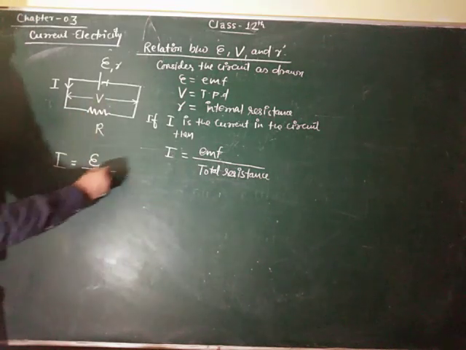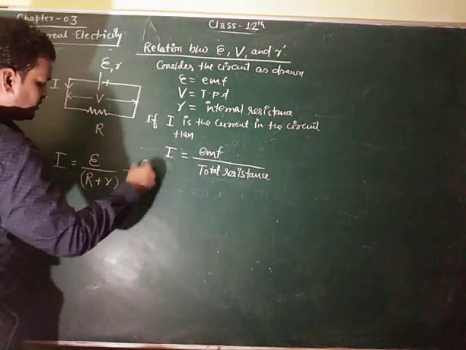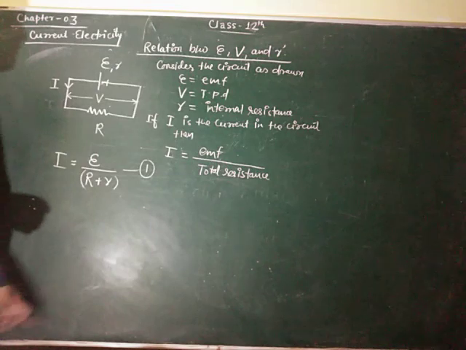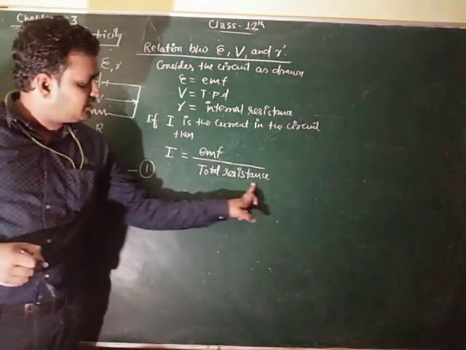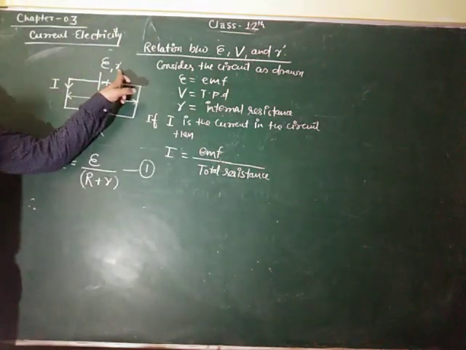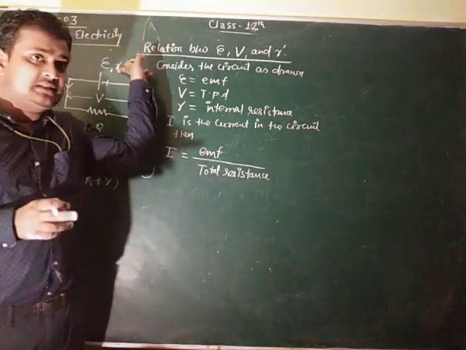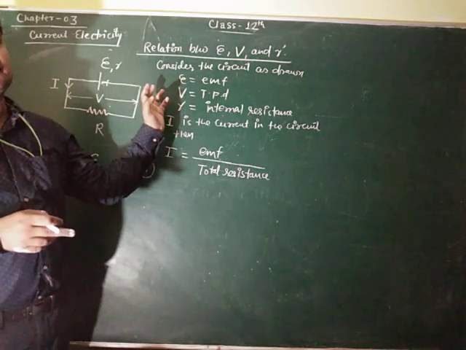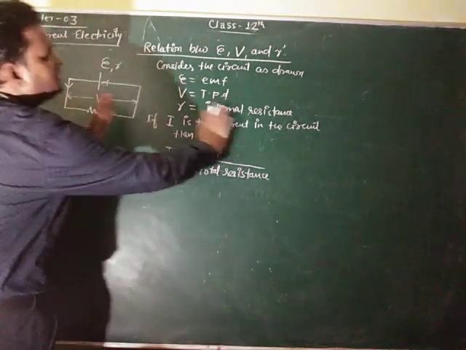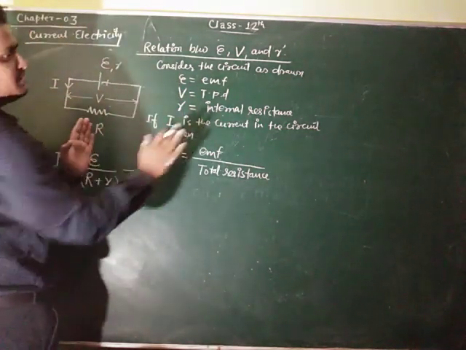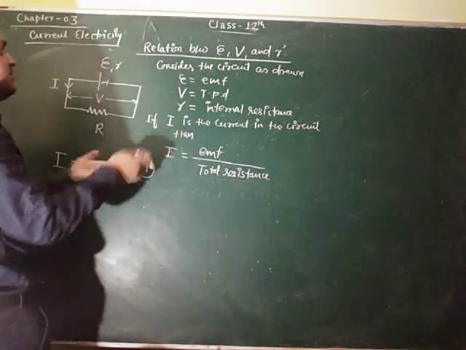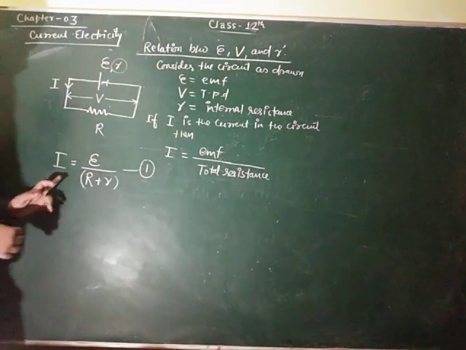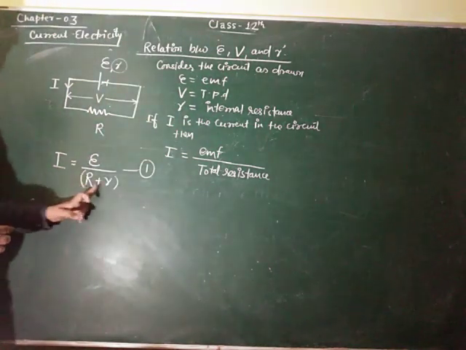Make this equation number 1. And for your information, keep in mind this r is always connected in the circuit in series with all the resistances. If there are a number of resistances, finalize the net resistance, and the internal resistance is always connected in series with it. Keep in mind.